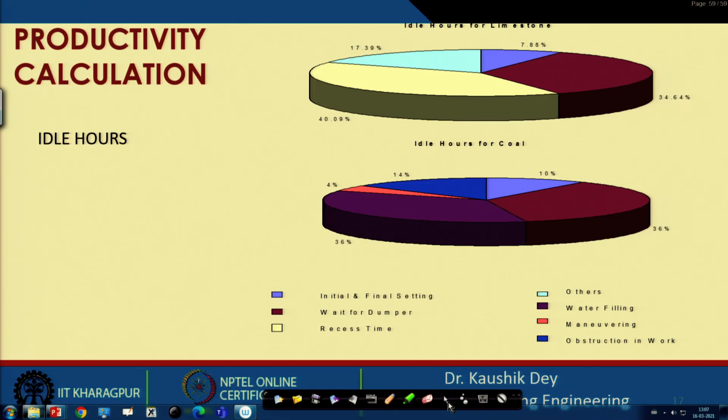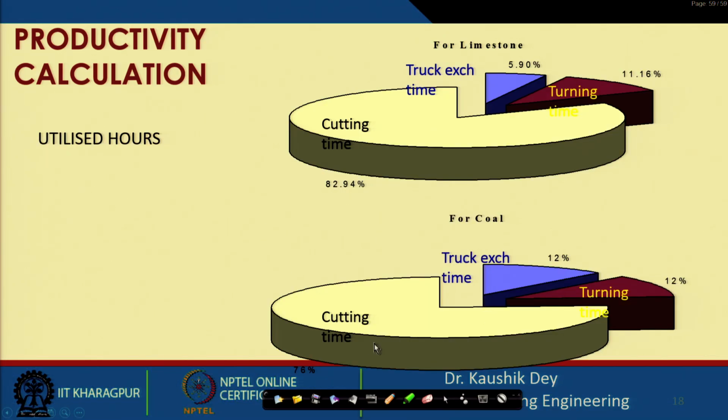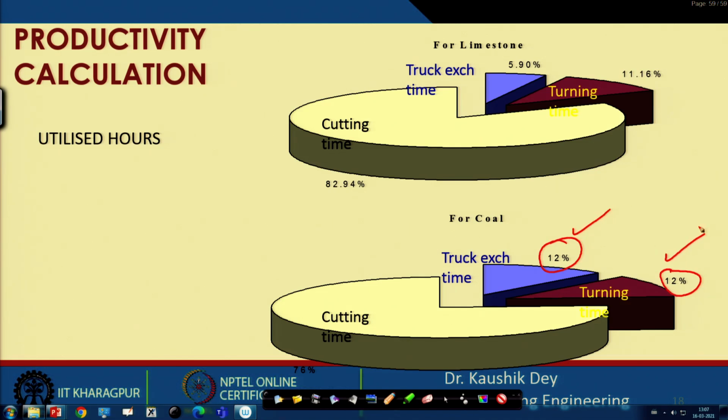But the interesting part is that in the utilized hours, 12% are taken for truck exchange and turning in coal, whereas in limestone it is 5% for truck exchange and turning time. So, truck exchange time is significantly higher in coal than limestone, because the truck capacity was less.